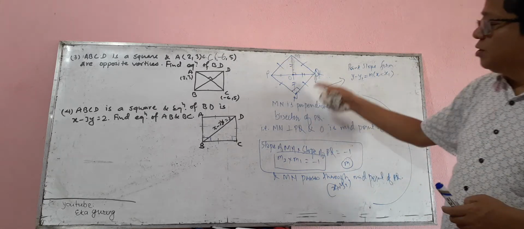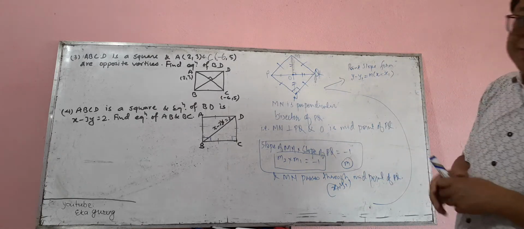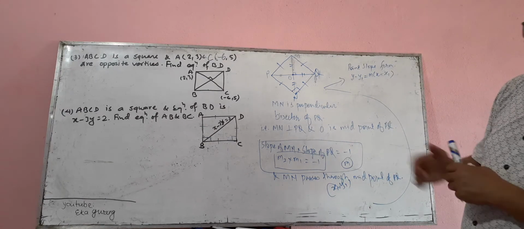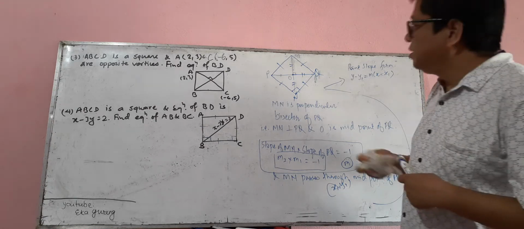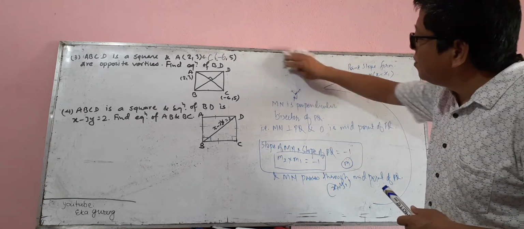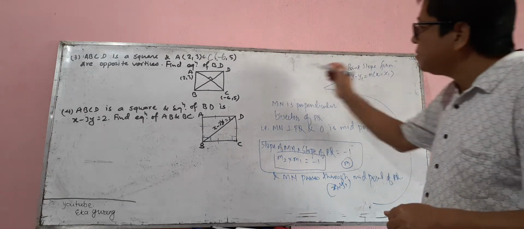If it is a square, the same concept can be used to find the equation of a diagonal of a rhombus.